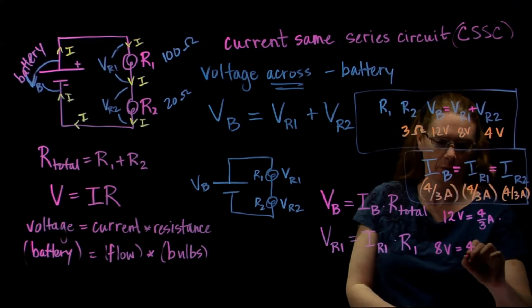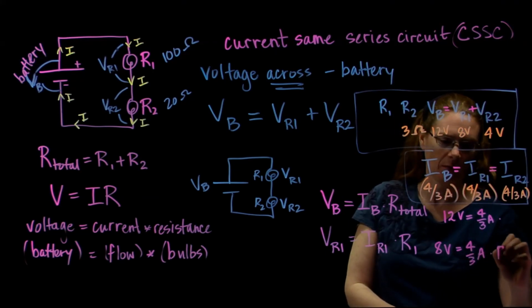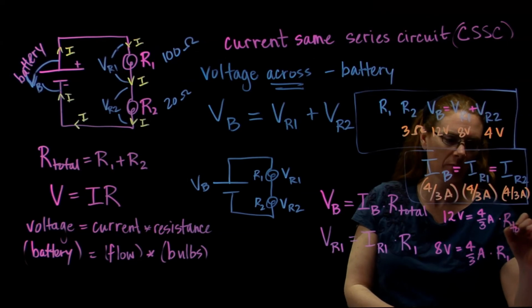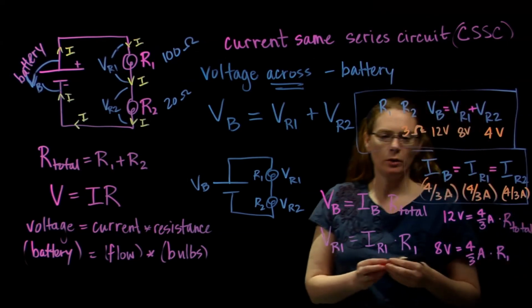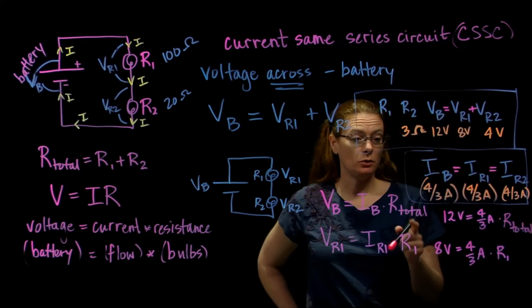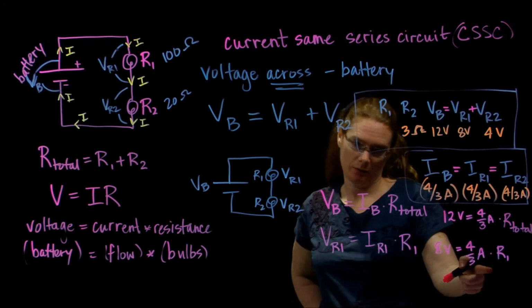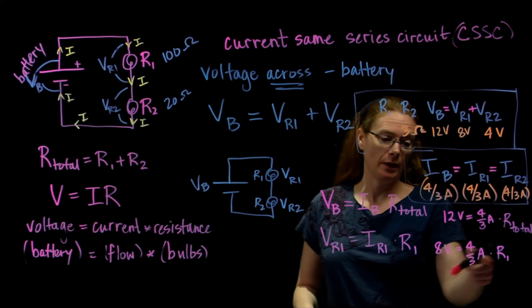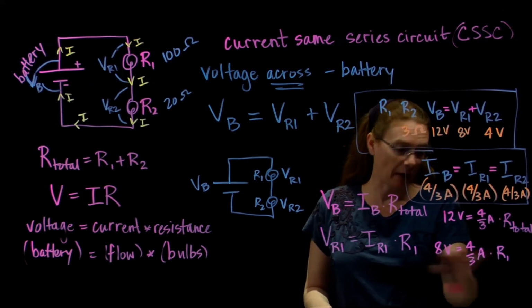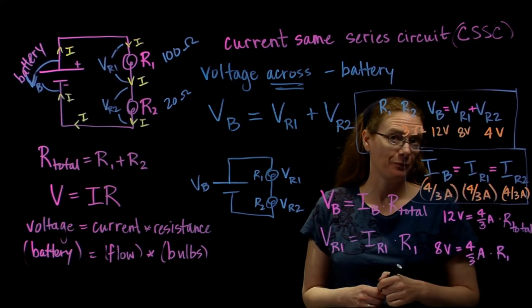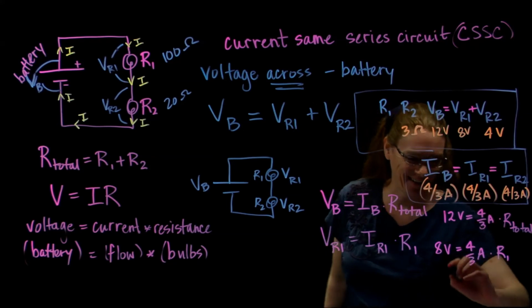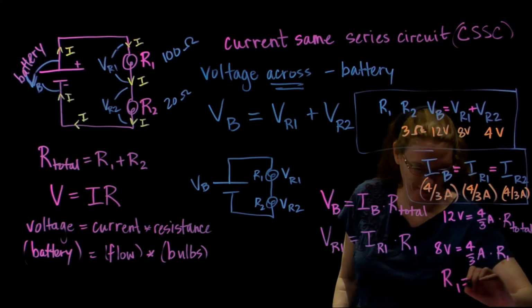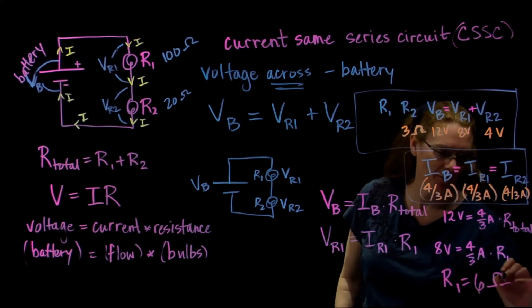IR1 is 4/3 of an amp times R1. All right. So here you see 2 different ways to solve your problem. This is going to be much more straightforward. This is easier. So I would just take R1 has to be 8 volts, divide both sides by 4/3, and you would get R1 is 6 ohms.